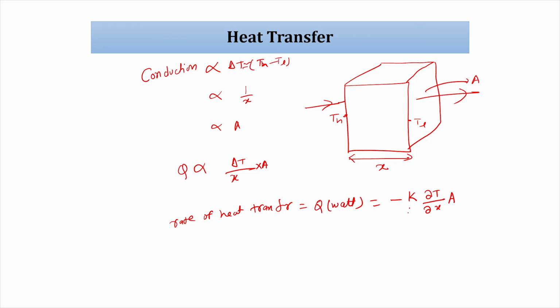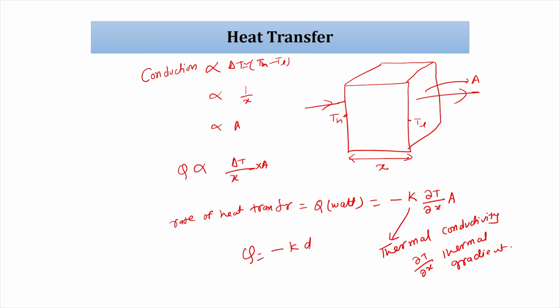K is the thermal conductivity, and del T by del x is the thermal gradient. If you are taking one dimension only, you can write Q equal to minus K dT by dx into A. In one dimension, temperature is a function of x only, depending on only one direction.